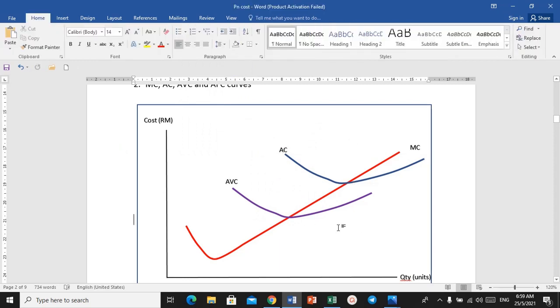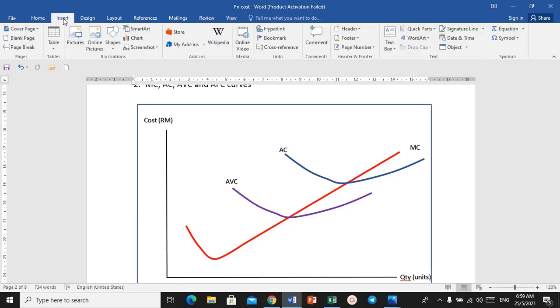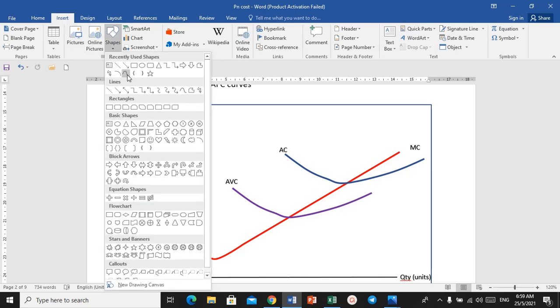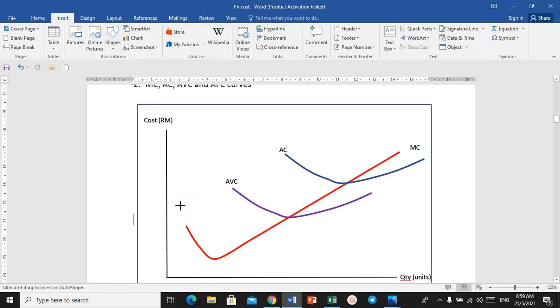The last curve would be average fixed cost. Average fixed cost should be the curve at the bottom. You can choose any point between the starting point of marginal cost and average variable cost, and then bring it down.